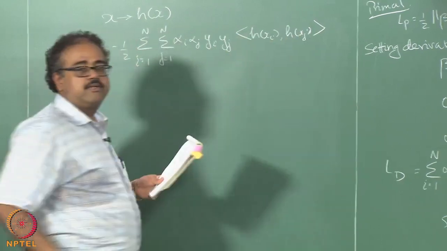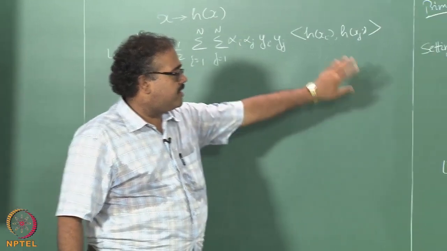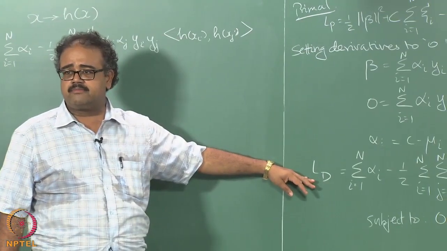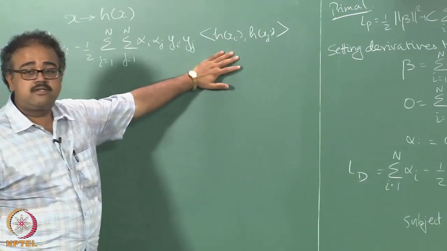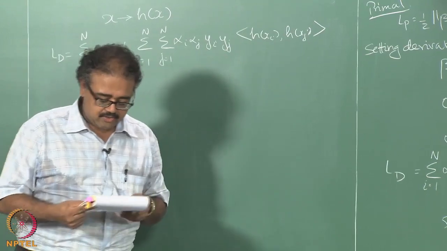So that is the inner product notation. So if I can compute the inner product, I can just solve the same kind of optimization problem, but I can do this in some other transform space.